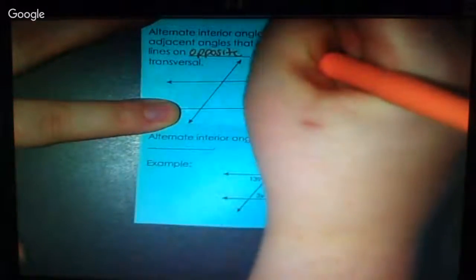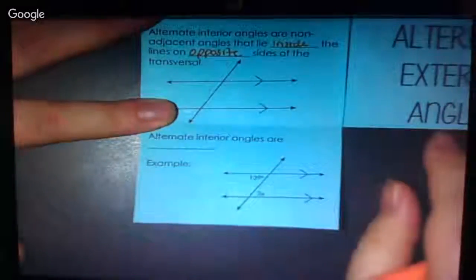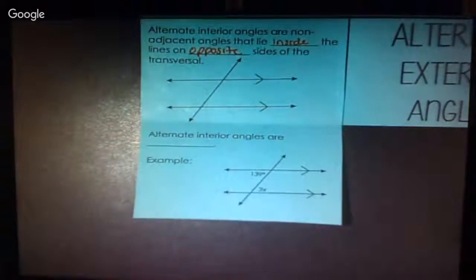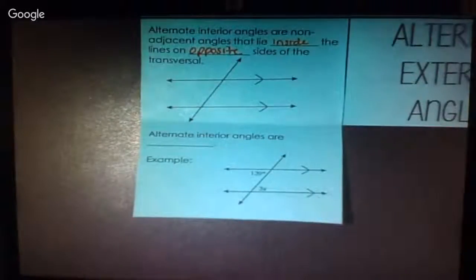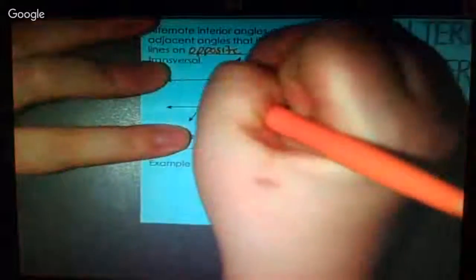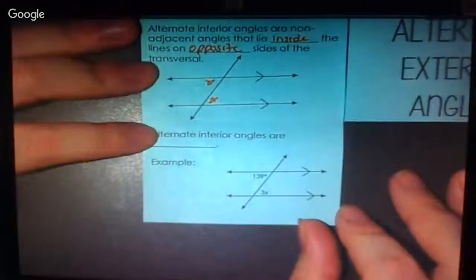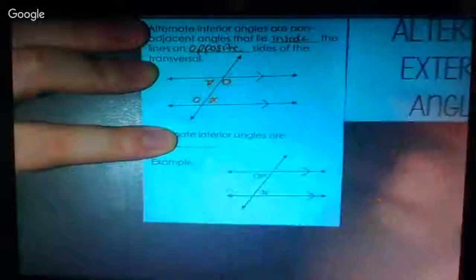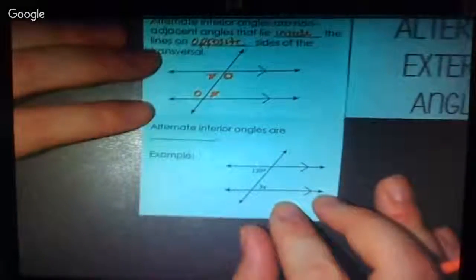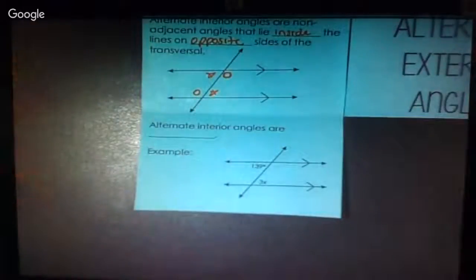Inside. So they're non-adjacent angles that lie inside the parallel lines and opposite sides of your transversal. So, for instance, it would be this one and this one. One is on the left, one is on the right. Or this one and this one. Adjacent angles would be side by side.